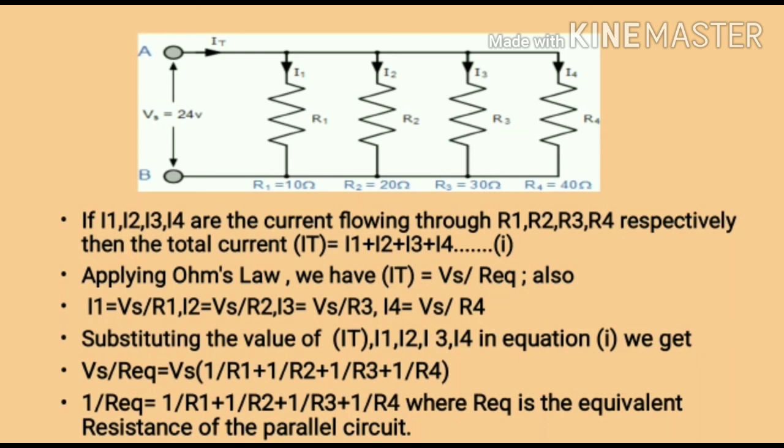So, 1 by R equivalent equal to 1 by R1 plus 1 by R2 plus 1 by R3 plus 1 by R4, where R equivalent is the equivalent resistance of the parallel circuit. The sum of the power consumed by each resistor will be the total power consumed by the circuit. Total power consumed can also be found if the total circuit current and the effective resistance of the circuit are found.